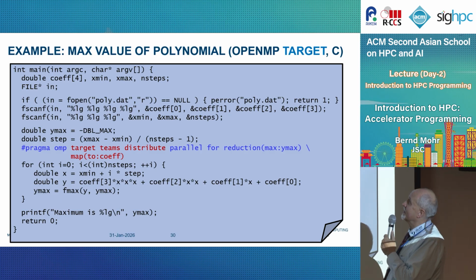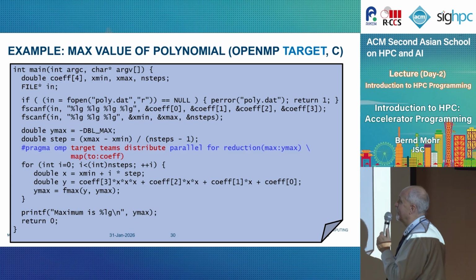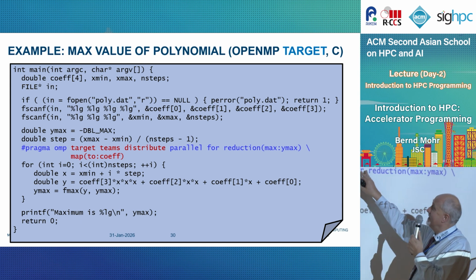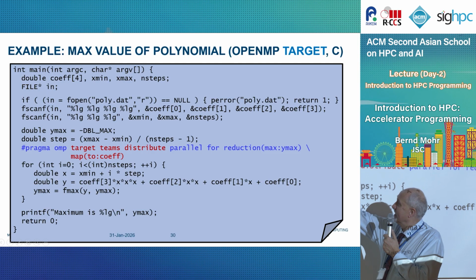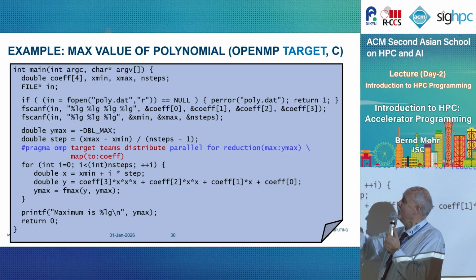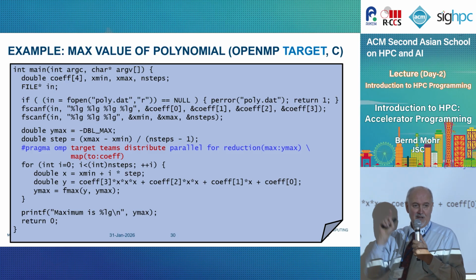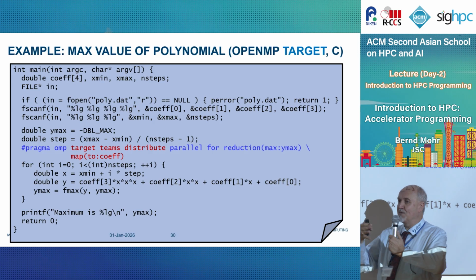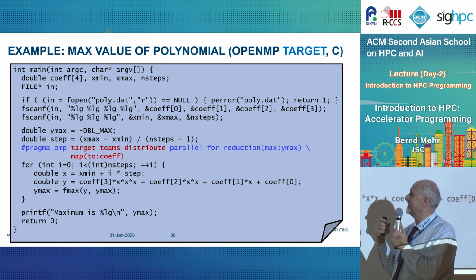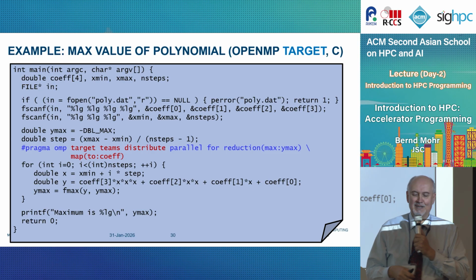So I have an example. If I want to run my polynomial evaluation program, you need OpenMP version 4.5 or later. The blue part is the OpenMP version. Now I don't want to run on my CPU, I want to target somewhere else, an accelerator, and use all the facilities of graphics cards.